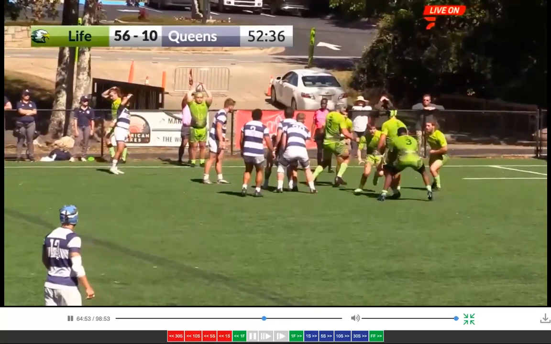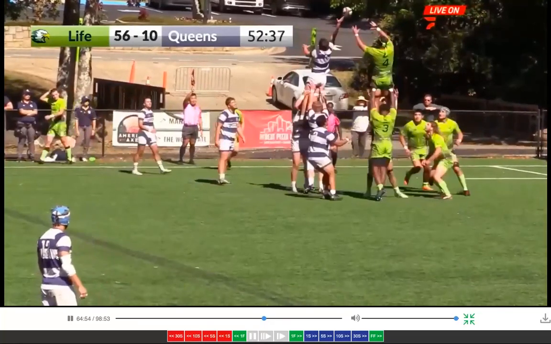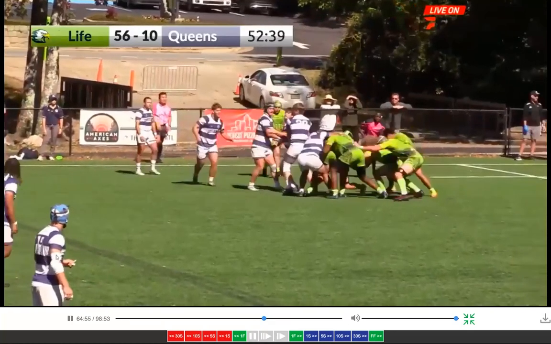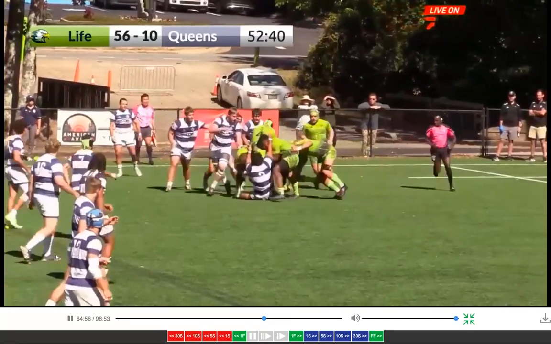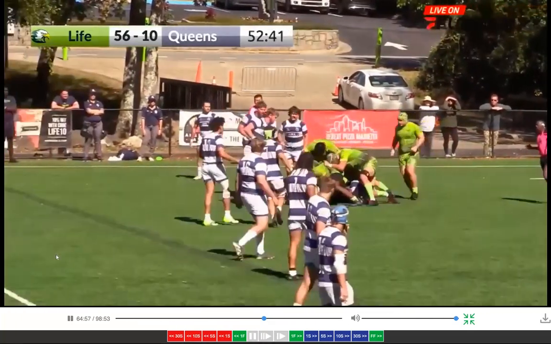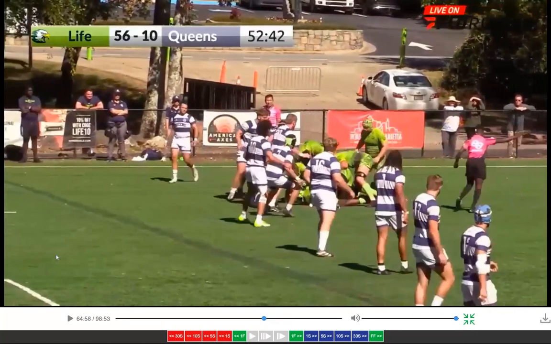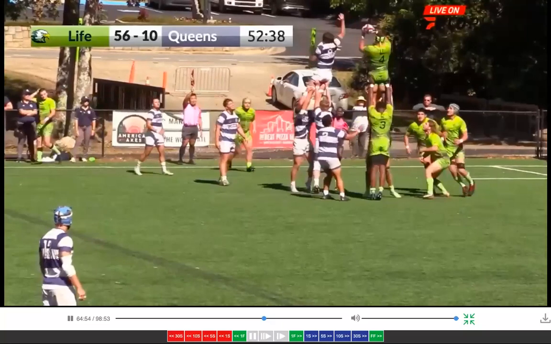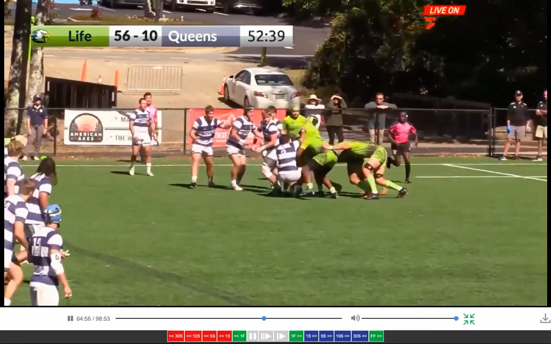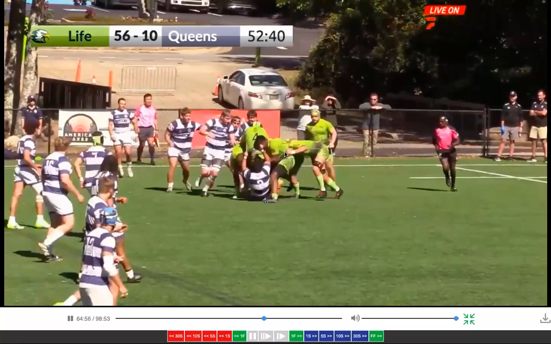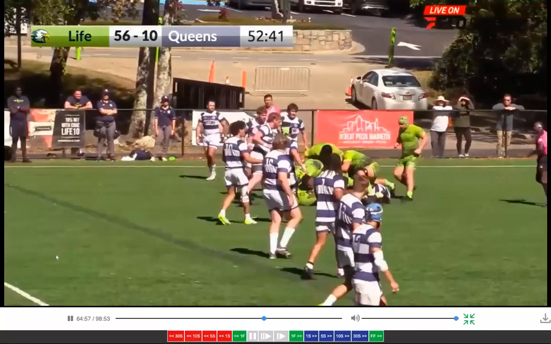Yep. So this is one where if you saw that sack as immediate enough, you could say sack is good. Here, I think Life does a good job at staying on his feet, and he starts walking backward, and it's a bit late for me.